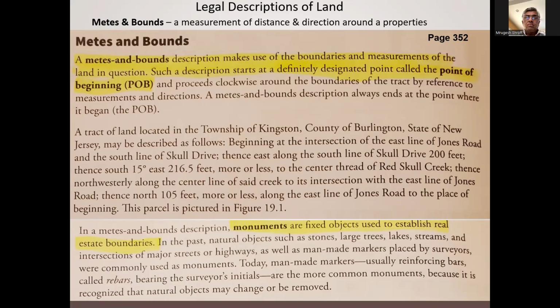Got it. You can see they even give you a description of the way that it could be worded.